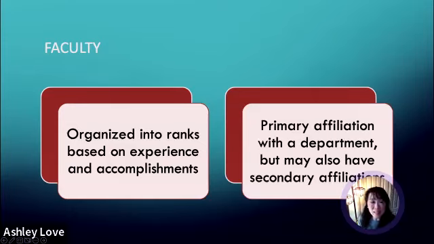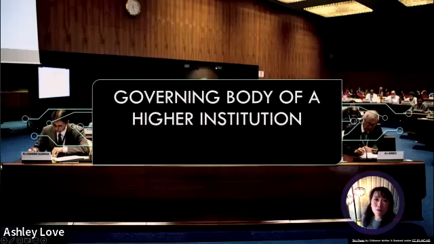But nowadays, it doesn't mean anything if the program doesn't survive. If there's no school with a program, the faculty line disappears regardless, right? So primary affiliation is with the department, but you may also be associated with the school. So the appointment is usually like you're a professor of education or professor of chemistry, professor of business, for example.